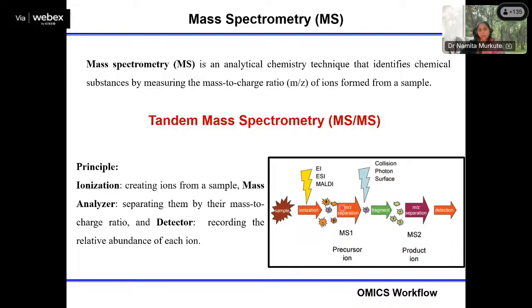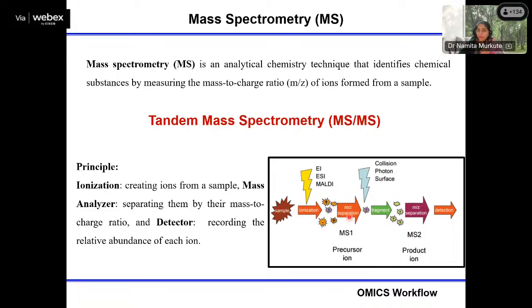Now when you are talking about mass spectrometry, when you are talking about MS only, in that MS only one mass analyzer is there, and it will produce a precursor ion, or it is also called a parent ion, because the sample is ionized and these ions directly enter the mass analyzer.